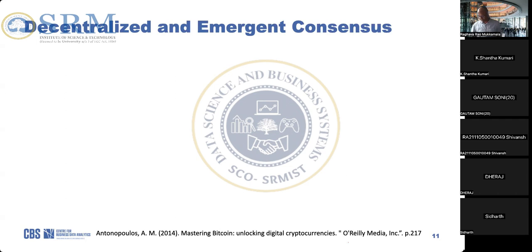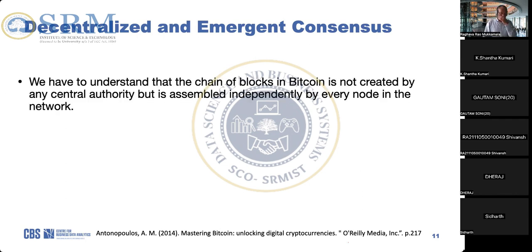Let's see how the consensus is achieved. Here we have to understand that the chain of blocks in Bitcoin is not created by a central authority, but is assembled independently by every node in the network, and the good part is that it uses some simple tools.